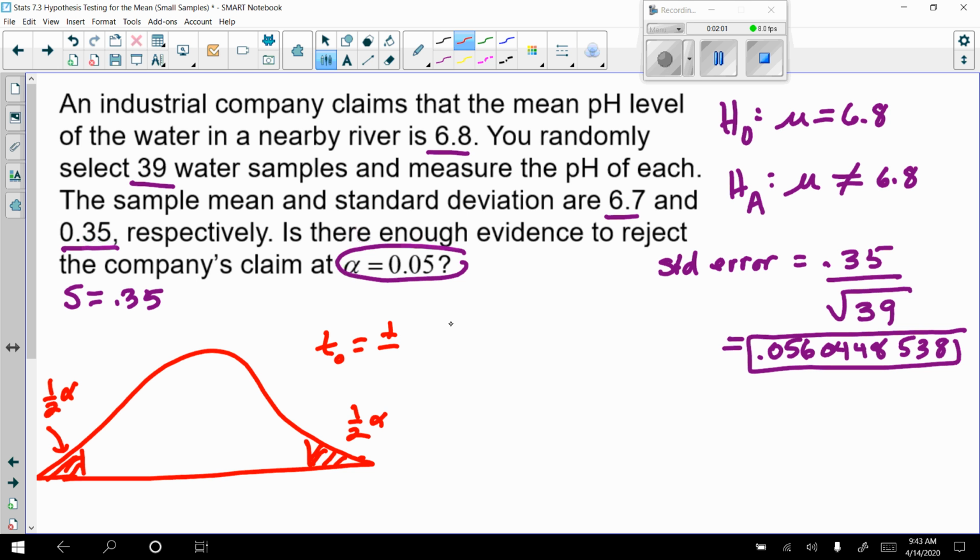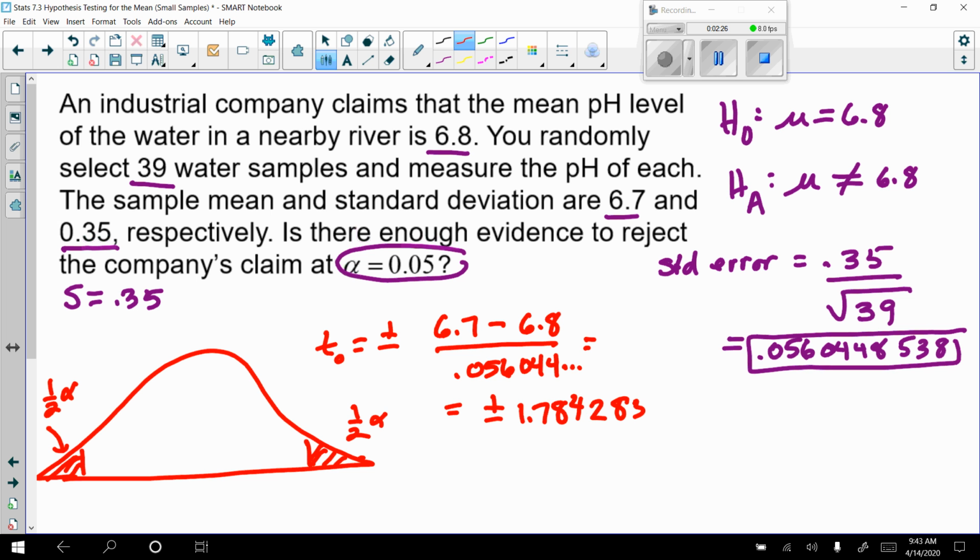So we take our measurement, which is 6.7, minus the 6.8 divided by our standard error, and we're going to get a t-score of plus or minus 1.784285142.